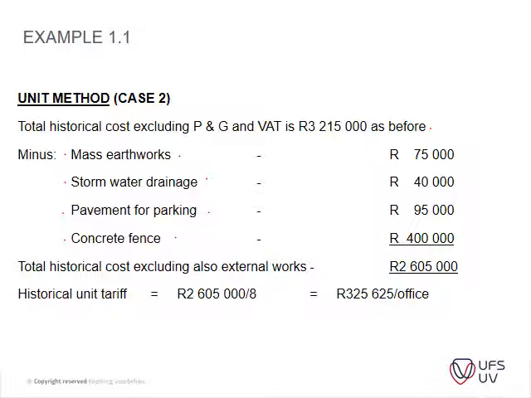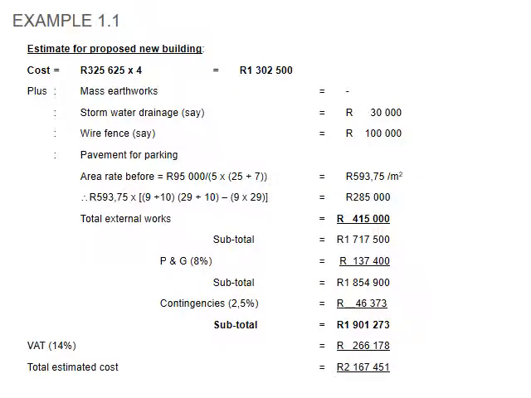What they did is they took out the mass earthworks, any storm water drainage, pavements, and concrete fence, which is not the same in the new building. You subtract that from your 3.2 million to get to a new historical data rate of 2.6 million, and then the historical tariff is calculated in the same way, and you apply the same methods as previously.